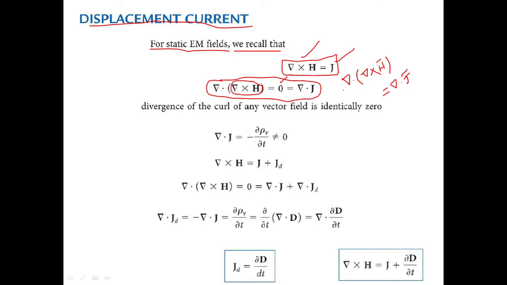So this part, that is divergence of curl of H vector, will be equal to 0. Hence, divergence of J vector also will be equal to 0 here. So this is a statement: divergence of curl of any vector field is identically 0, right?